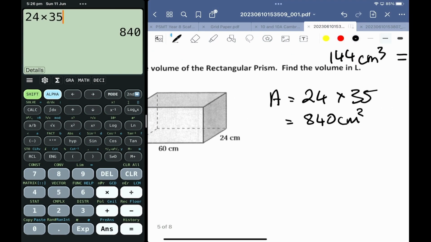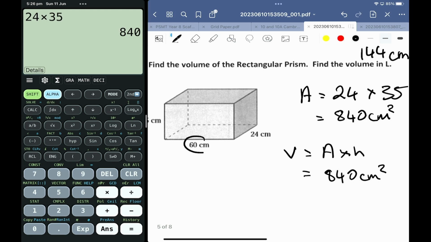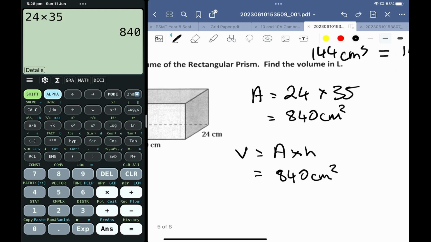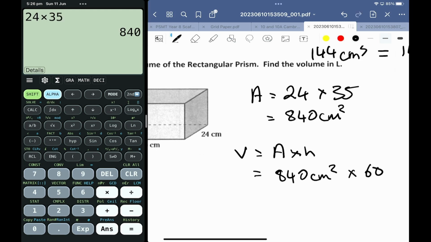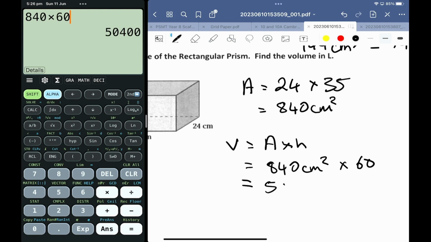Then the volume, area times the remaining dimension, which is 840 times the remaining dimension that we haven't used yet, which is 60. 840 times 60 is 50,400 centimeters cubed, because we're in volume now.